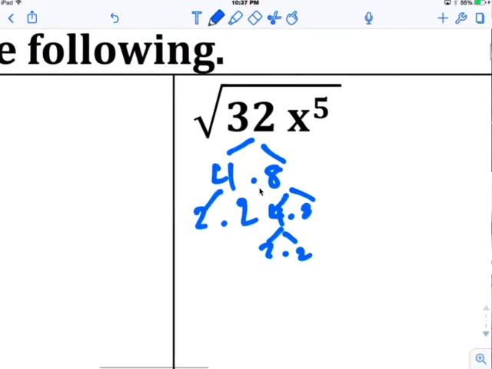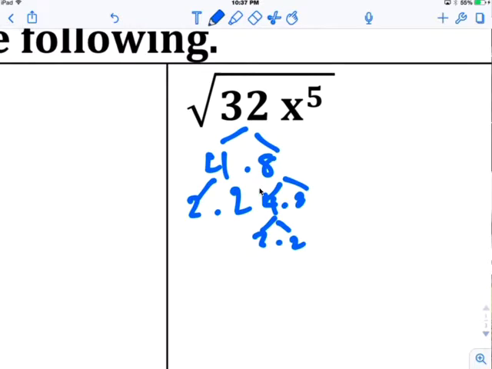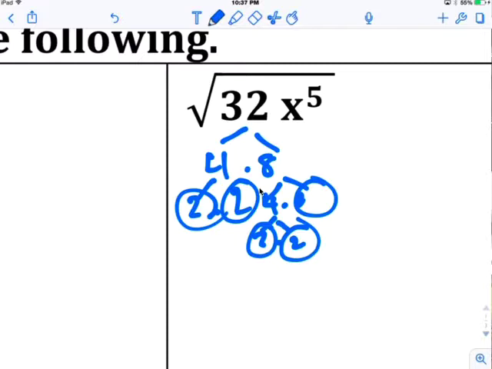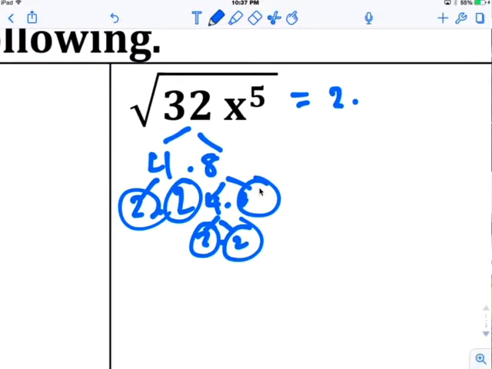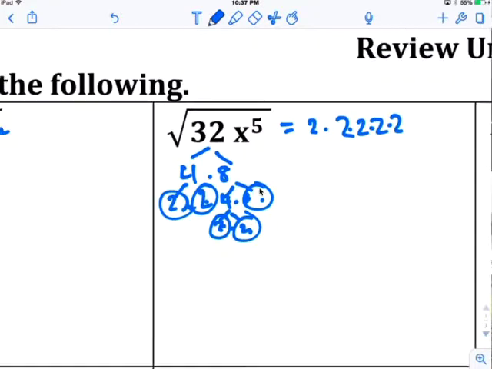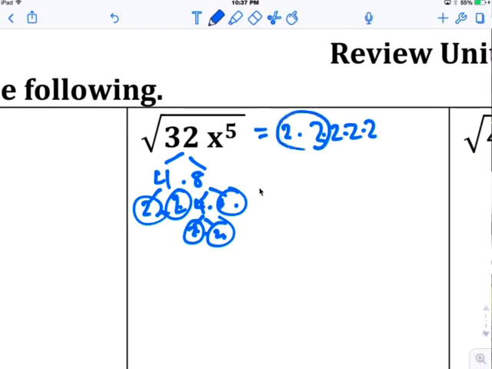The square root of 32 is 2 times 2 times 2 times 2 times 2, 1, 2, 3, 4, 5. And that means you have 2 squared with 1 left inside the square root.